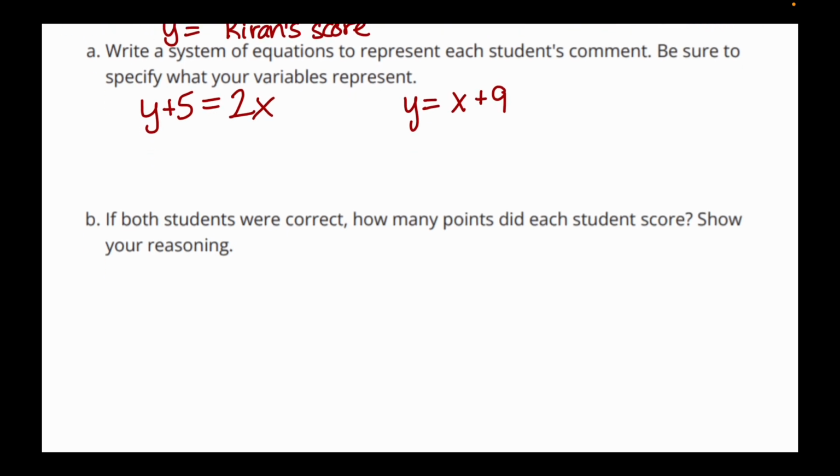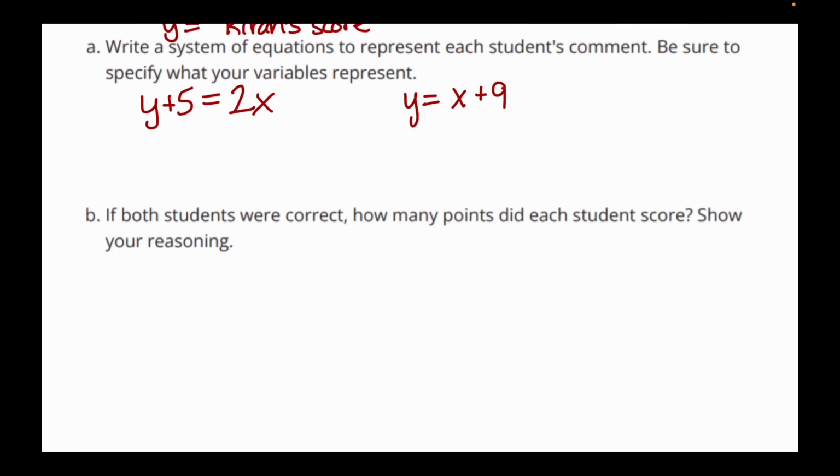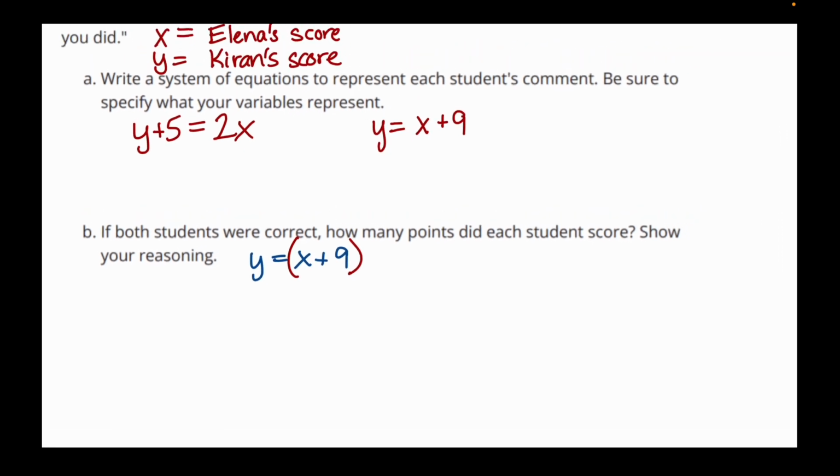So if both students were correct, how many points did each student score? Well, the way I have this set up, I actually do have y solved for. Y equals x plus 9. So I can say that x plus 9 will be substituted in and put in place of y in my other equation.